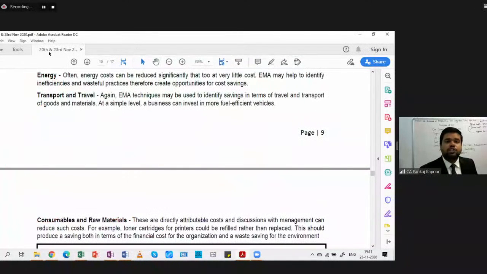Moving further, energy. Energy is nothing but the use of electricity. The company must look into the various ways through which it can reduce its electricity consumption. The company must move to cost saving or electricity saving equipment like 5-star equipment, or the company must move to solar panels. Solar panels must be installed on the roof of the factory if it is possible for the company.